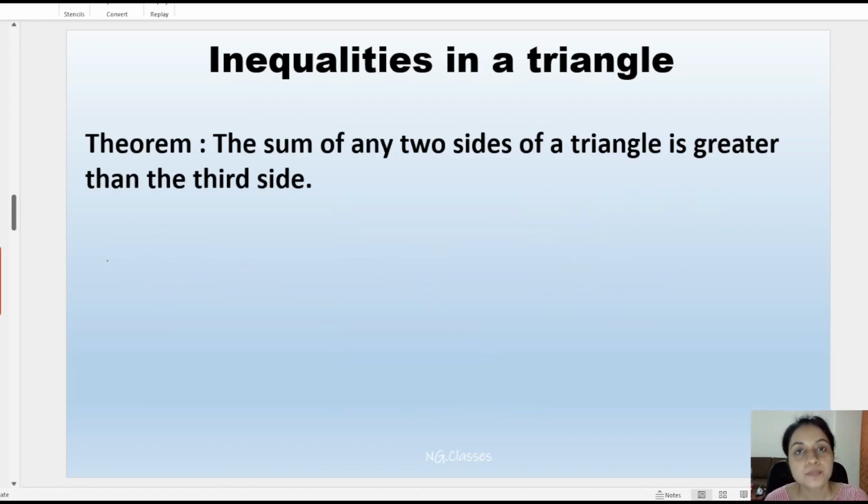Now let's say the measurements of a given triangle are 4 centimeters, 3 centimeters and 9 centimeters, and we have to construct a triangle with these measurements. You know how to construct a triangle with the help of a compass. But when we start constructing, we will find that it is not possible. Why?